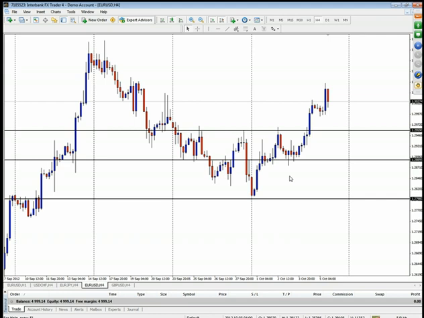But anyway, that's basically how you find support and resistance: you're looking for two or more touches of the same price level, like here and here and here and here, and that's how you find it. So anyway, that pretty much covers that. It's quite basic, as you can see.